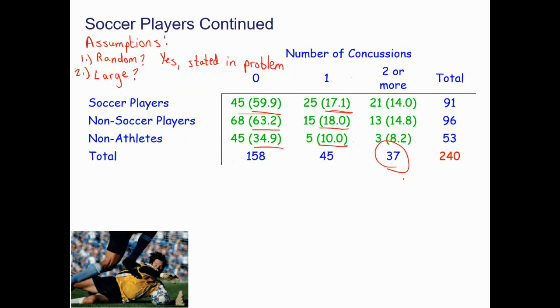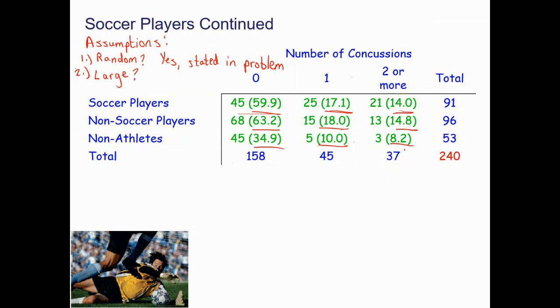I think yours says 22 still? You make sure you change that to 37. There's a typo on the notes. And then now we have our new expected count for this last column.